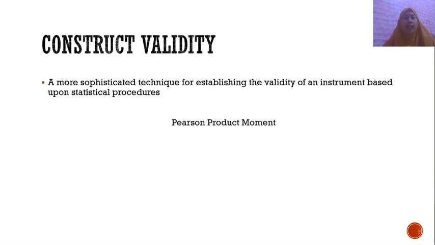Construct validity is a more sophisticated technique for establishing the validity of an instrument based upon statistical procedures. It is very common to use the Pearson product moment to measure our construct validity.